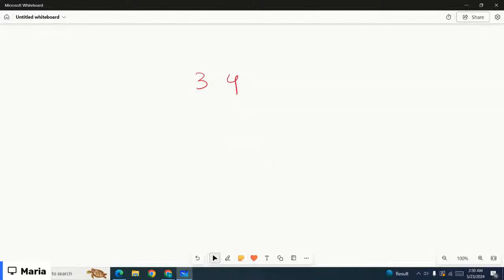The next one is 34. How do you write 34 as tens and ones? Which is the correct option?